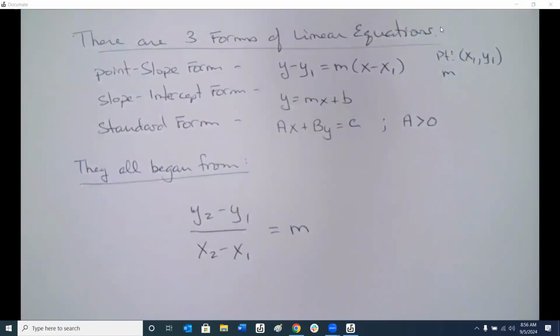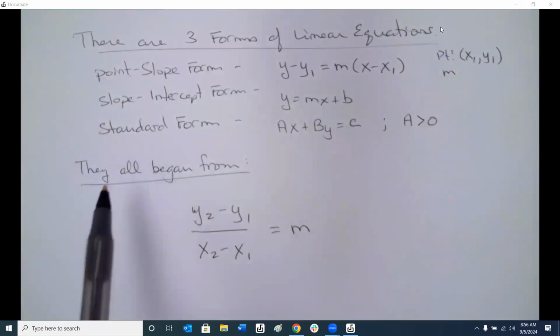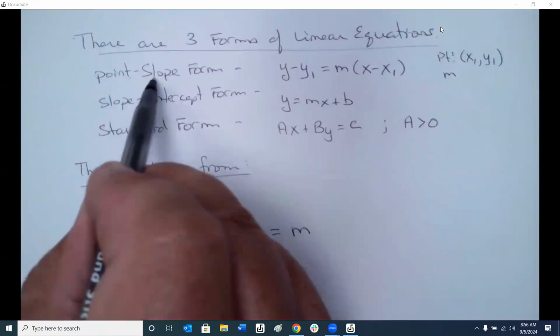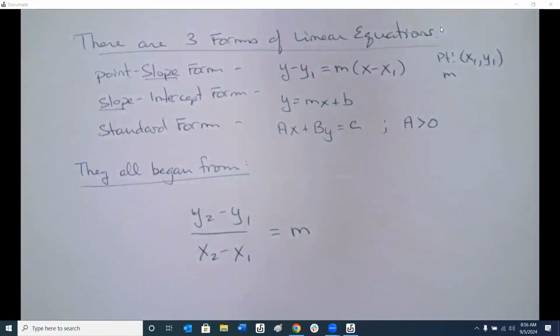What is that? Exactly. It's the slope equation, except instead of the m on this side, I put it on that side. It looks a little bit different. If you think about it, look at the names: point slope, slope intercept. So it all begins from here.